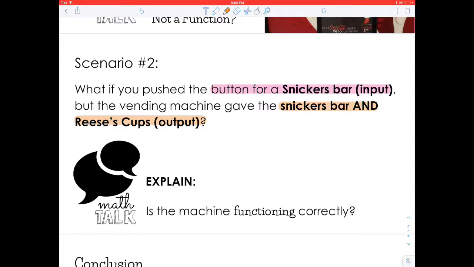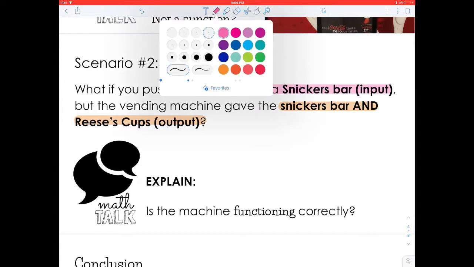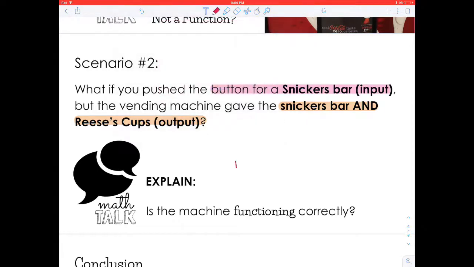Okay, this is always a fun one to talk about because we would love it if we pressed the button for a Snickers bar and got more than we wanted, right? But is that how this vending machine is supposed to work? Somehow that machine is not functioning. So this would not be a function.